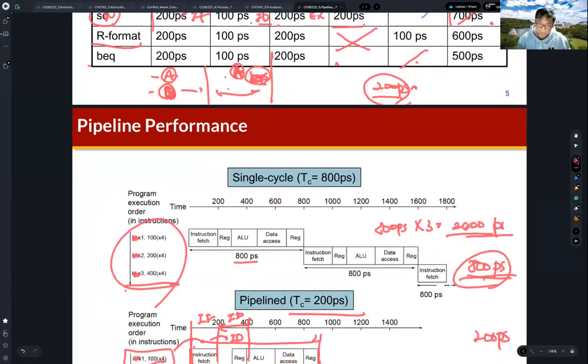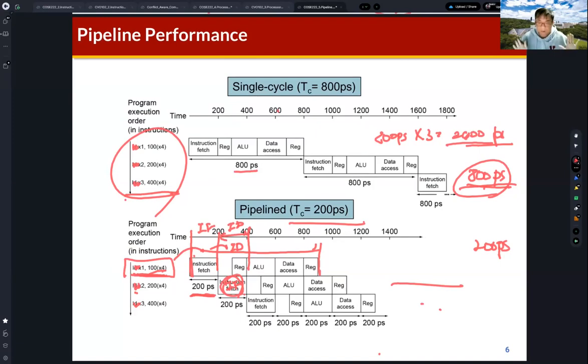When we define the pipeline architecture, we assume that when an instruction completes the execution of one stage, this instruction is delivered to the next stage, and then a new instruction can be assigned to the first stage, right?